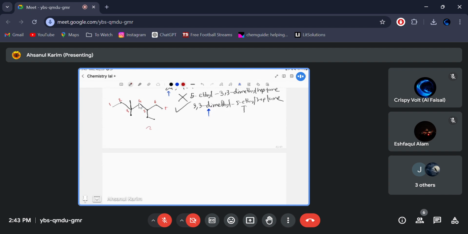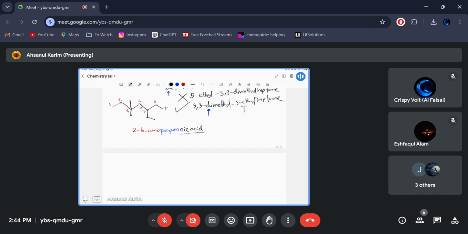Let's use a name here: 2-bromopropanoic acid. This is a carboxylic acid.